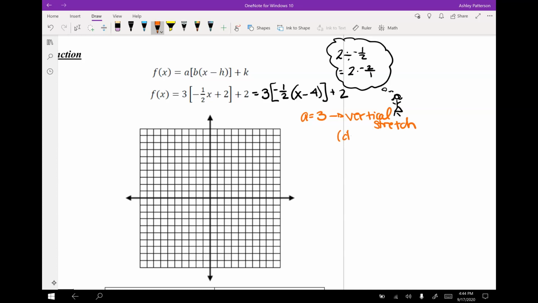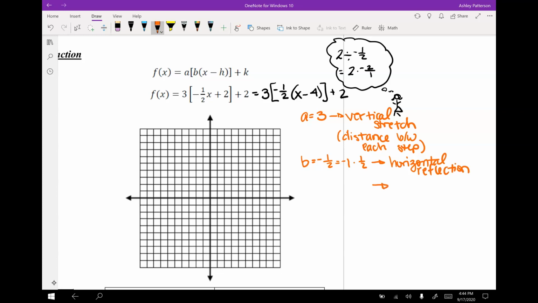This is the distance between each step. Okay, our B value is -1/2, which means a few things. It means we have a horizontal reflection, because B affects the horizontal reflection.